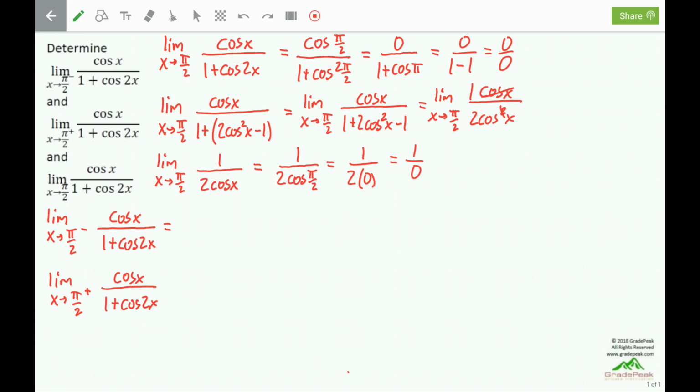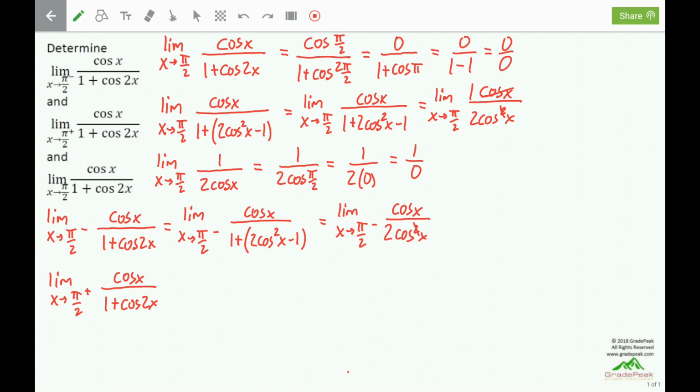Right now it will be the 0 over 0 indeterminate form, so it will be put through the same identity for the cosine of 2x. Giving cosine of x over 1 plus 2 cosine squared x minus 1, which will give the limit as x approaches pi over 2 from the left side of cosine of x over, the ones will cancel, and it'll be just 2 cosine squared of x.